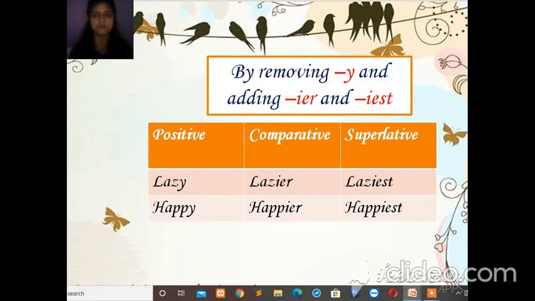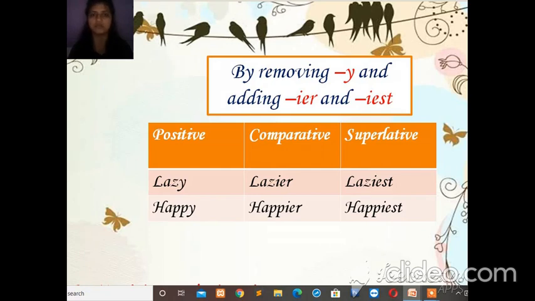Next is by removing y and adding ier and iest. Lazy is positive form, lazier is comparative form, laziest is superlative form. Happy is positive form, happier is comparative form, and happiest is superlative form.